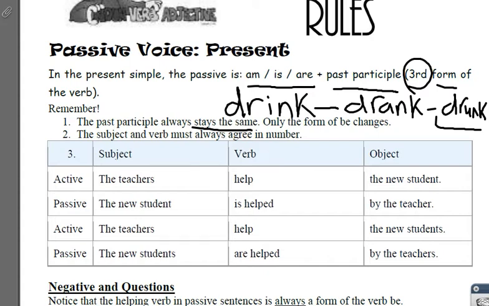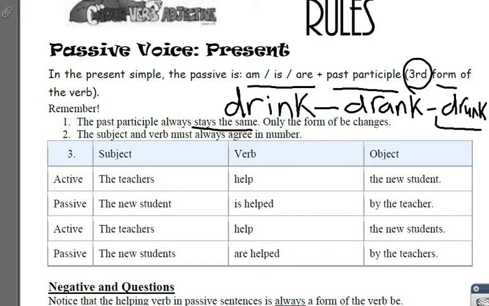If we have a verb like visit, the past is visited, and the third form is the same, visited. So if we have a regular verb, the second is the same as the third, and it completely differs in some cases of the irregular verbs like drink, drank, drunk, sleep, slept, slept, go, went, gone.